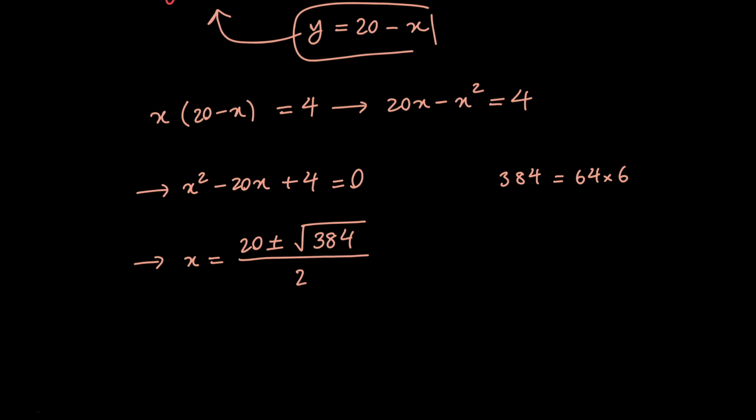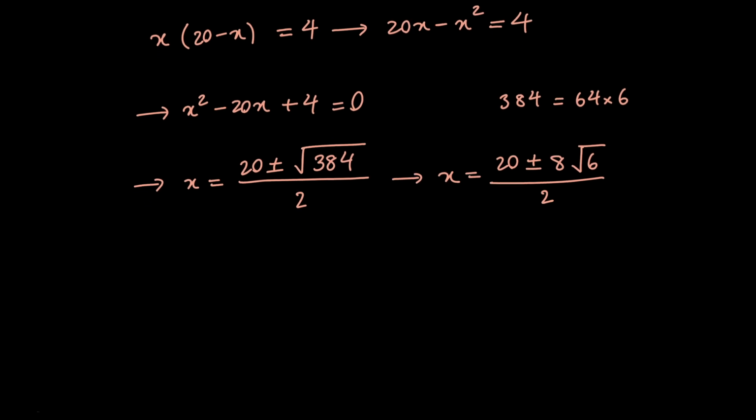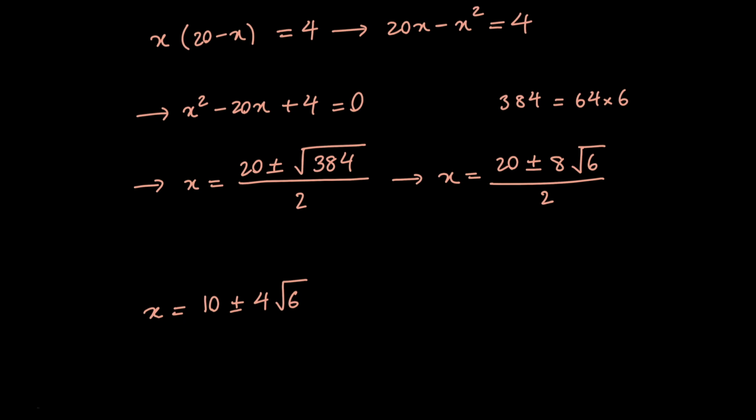Therefore, I can pull out the square root of 64 and write it as 8. So we have x equals 20 plus or minus 8 times the square root of 6, all divided by 2. Now I can simplify this and write it as x equals 10 plus or minus 4 times the square root of 6. Great, so we solved for x values.